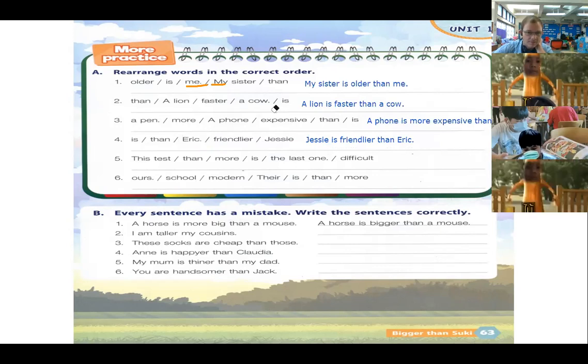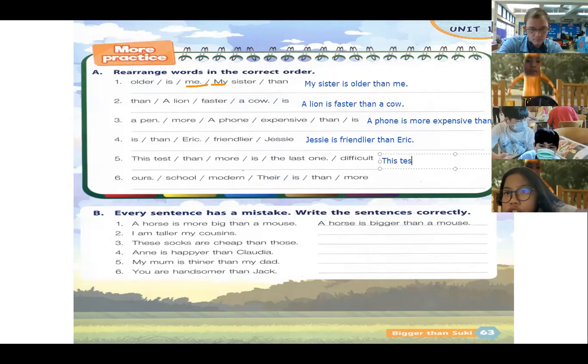Let's see. Number 5. What will our sentence be? Who can tell me? Where do we start? This test is more difficult than the last one.